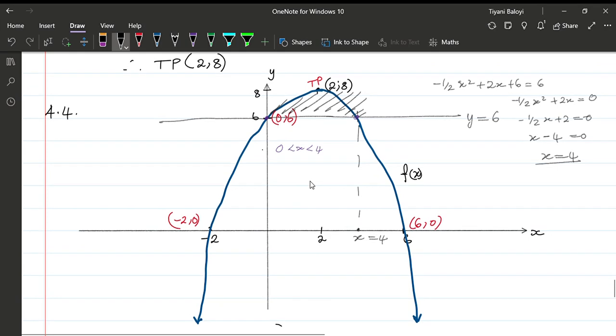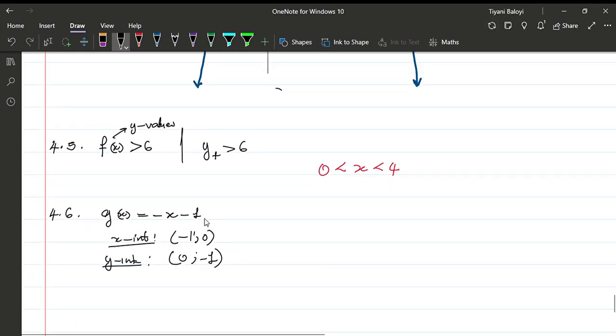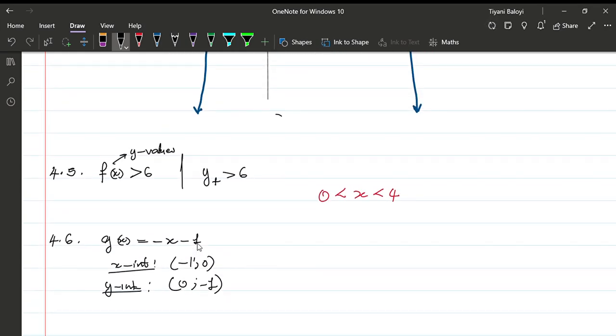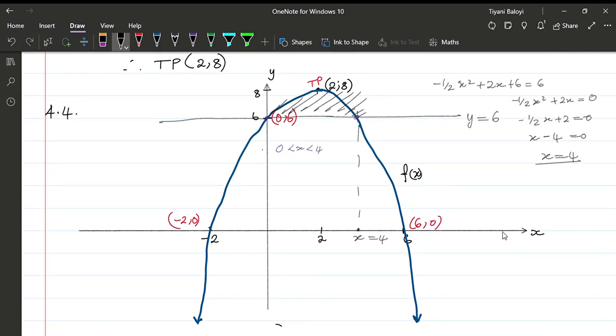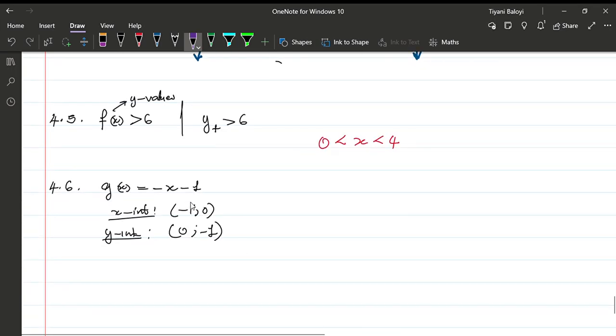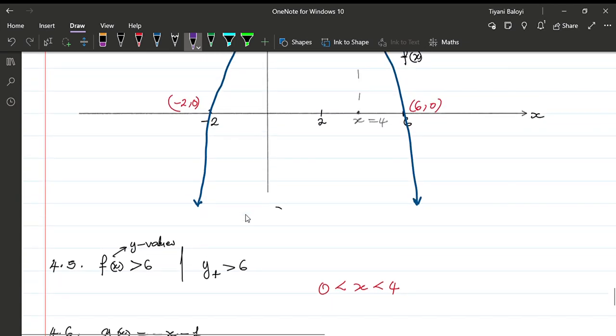So we can draw it here. Since we have a negative x, we know it's a negative gradient, so it has to lean towards the left. Let's go ahead and draw that. Let's use a different color, let's make this purple. It cuts the axes at minus 1 and minus 1.